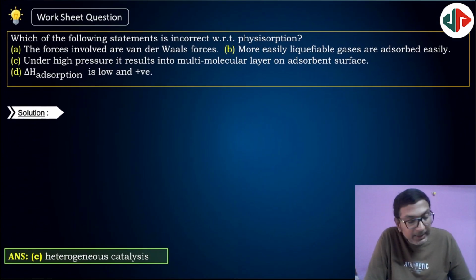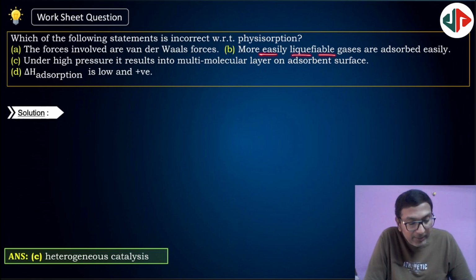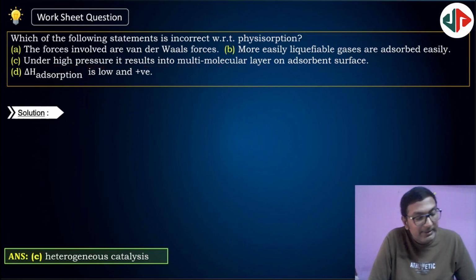Which of the following statements is incorrect with respect to physical adsorption? The forces involved are van der Waals forces, that is weak forces, that is correct. More easily liquefiable gases are adsorbed easily, so that is also correct. Under high pressure, it results in multilayers on the adsorbent surface.